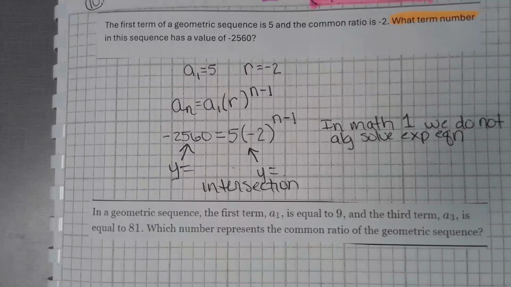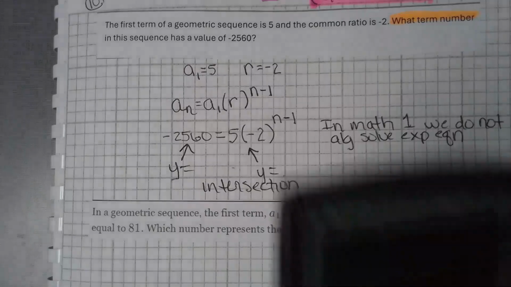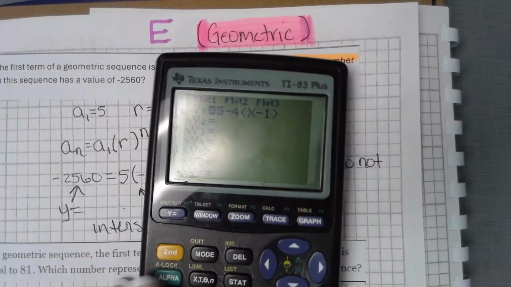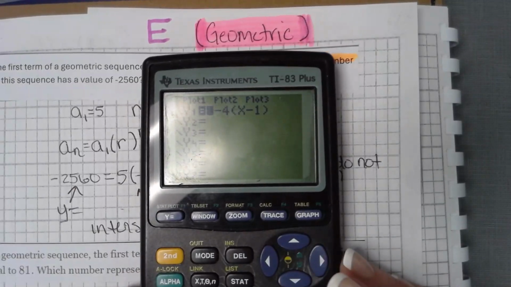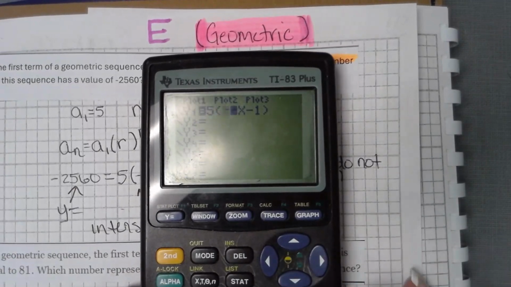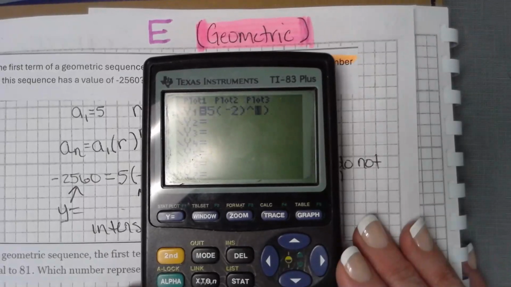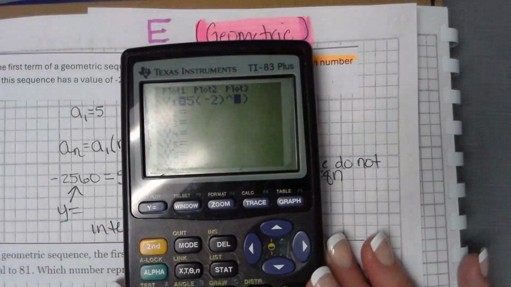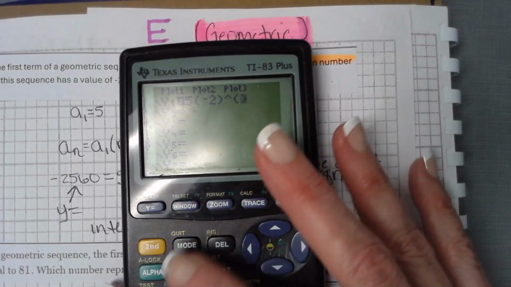Okay, so let's go back to our calculator. Let's hope that works. Okay, so let's go to y equals. Five, parentheses, negative 2. Might be that I've got it negative 2 raised to the x minus 1.